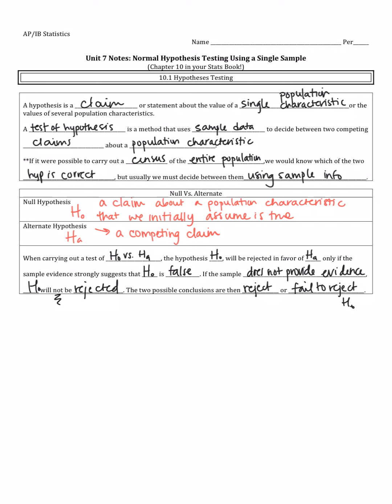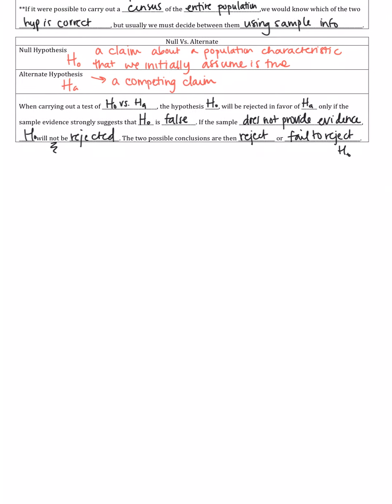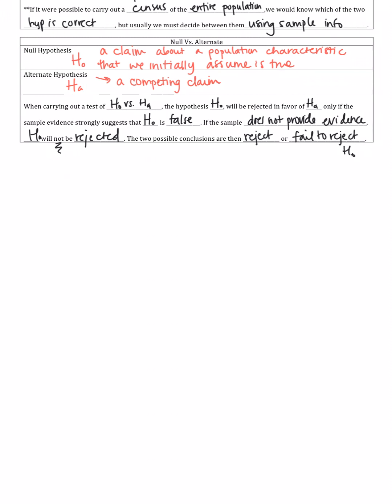When we are writing null and alternate hypotheses, we've got some specific structure. So let's check that out. The null hypothesis is always written H naught, H subscript little o, and then you list that population characteristic.